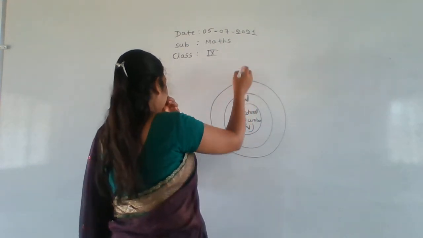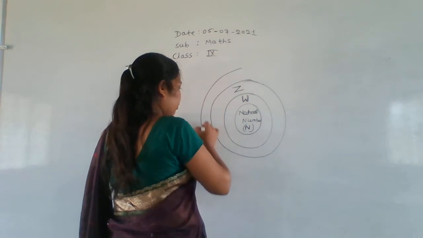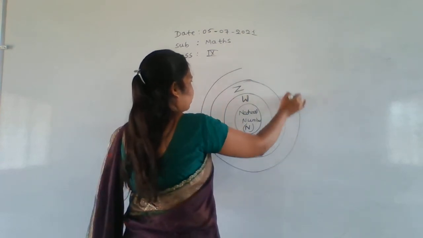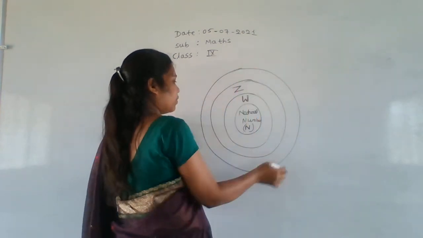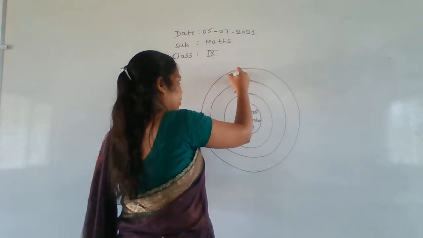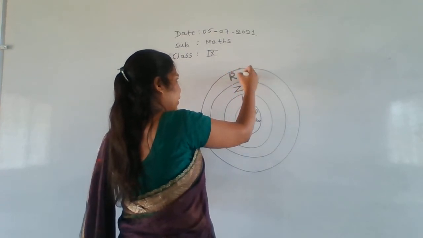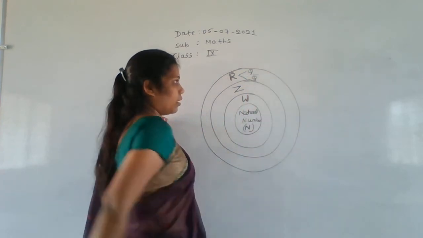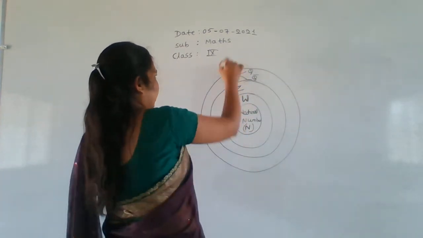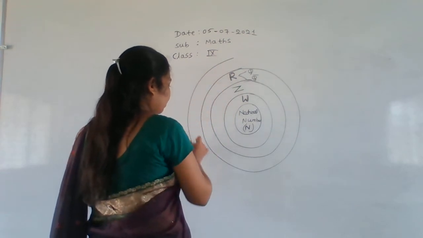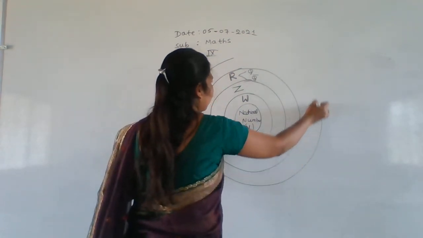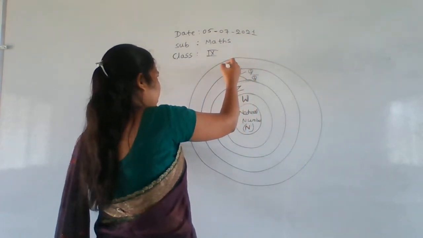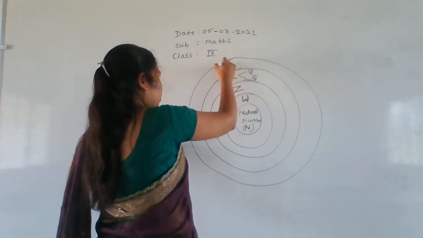Right? After that, next one, real numbers, capital R. In that we have rational and irrational. Okay, in this category only we will get that. Next one, another biggest set, that is the complex numbers.